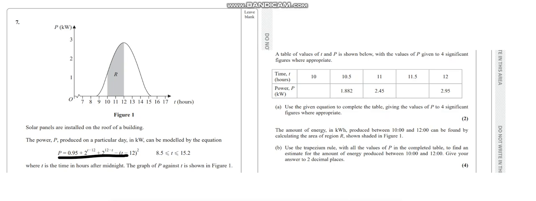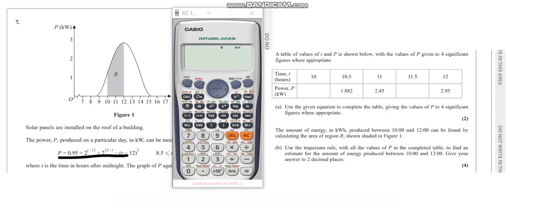This equation, we have to plug in the T values. So what I'll do is plug in the values here: 0.95 plus 2 to the power T, where T is 10. Initially the T value is 10 and we have to find the power according to that.